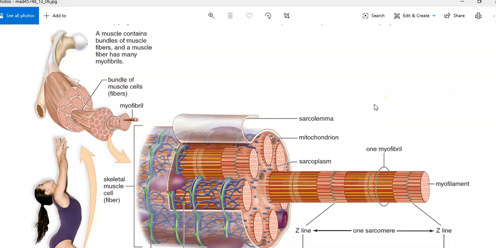As you developed, individual muscle cells fused to form muscle fibers. So there's no longer individual muscle cells here, even though there are the same parts, the nucleus, the endoplasmic reticulum, and those mitochondria, those features. There's not an individual muscle cell.